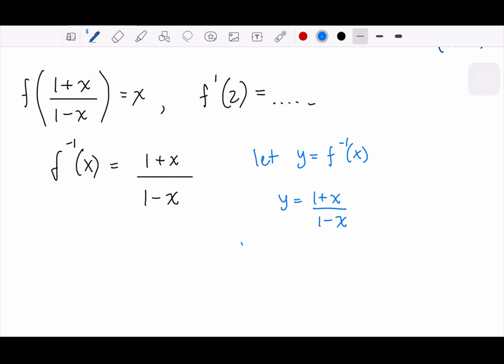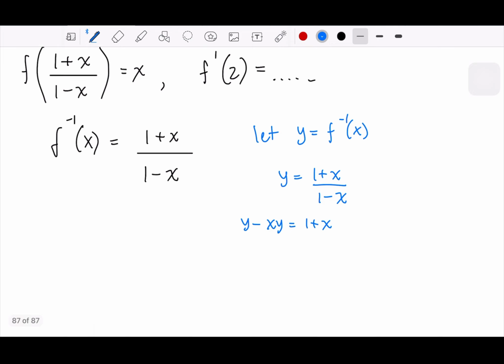So we are going to have y minus x, y, 1 plus x, and then we are going to solve in terms of x. So x plus xy and y minus 1. So we will have x equals y minus 1 divided by y plus 1.